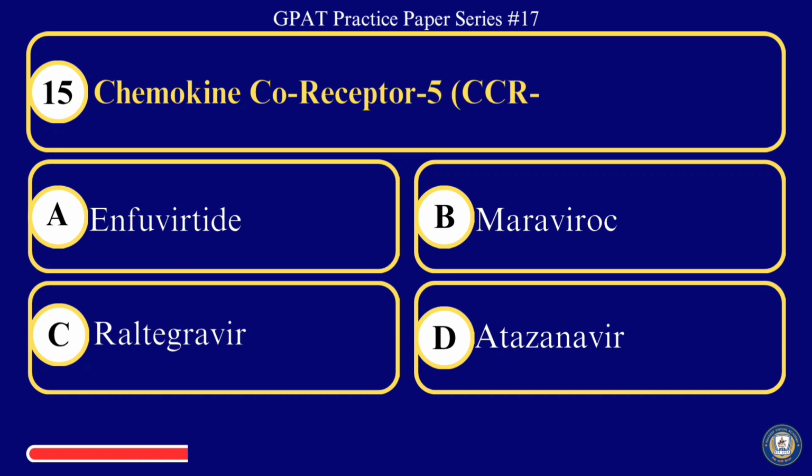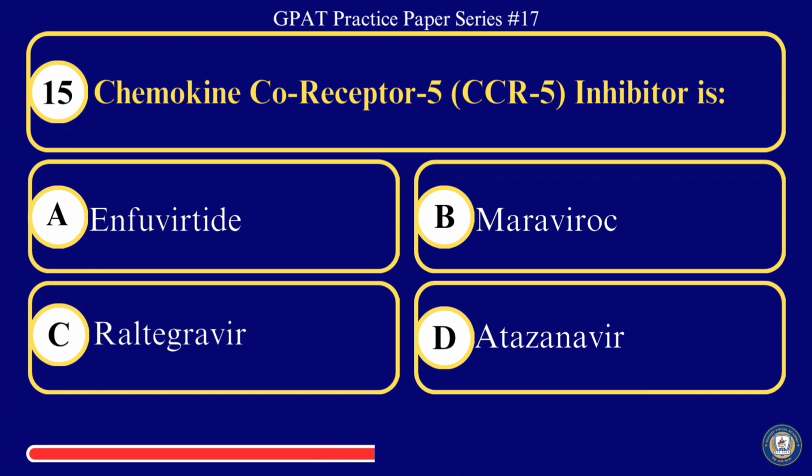Question number 15. Chemokine receptor 5, that is CCR5 inhibitor is, your options are A. Enfuvirtide, B. Maraviroc, C. Raltegravir, D. Indinavir.